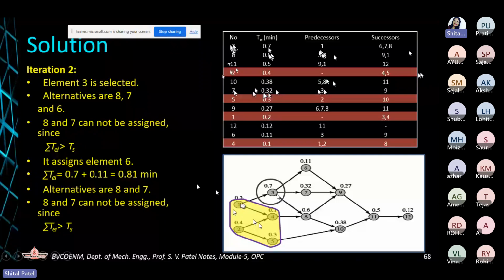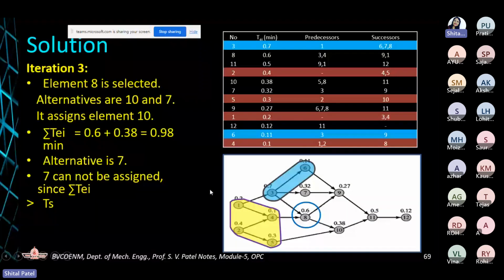Now let's go ahead with activity number 9. For this, 6, 7 and 8, have we completed these? No. So we have activity number 12, right? If we move in this way, which activity are we going to include? That is activity number 6, right? So the blue workstation I have marked includes activities 3 and 6.